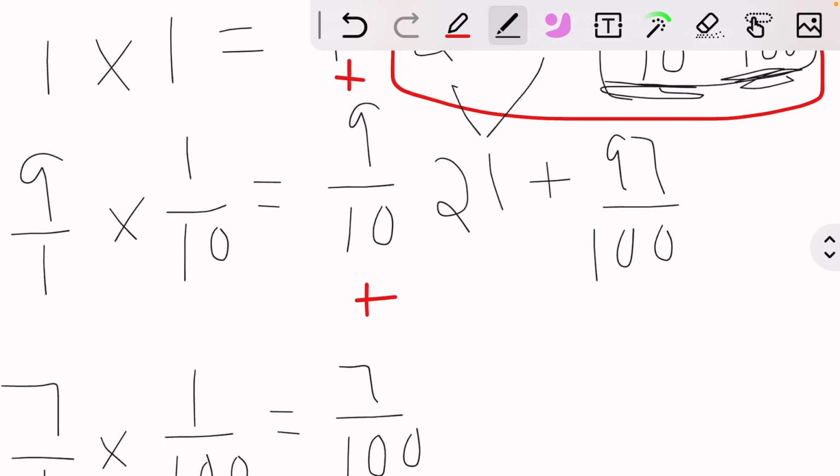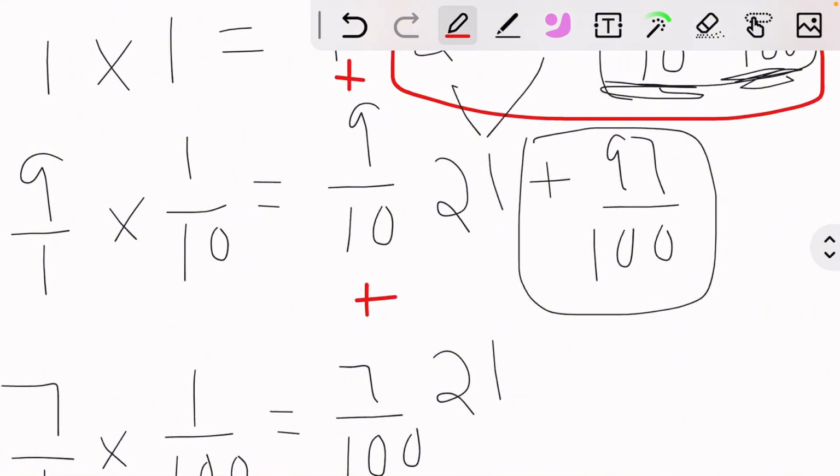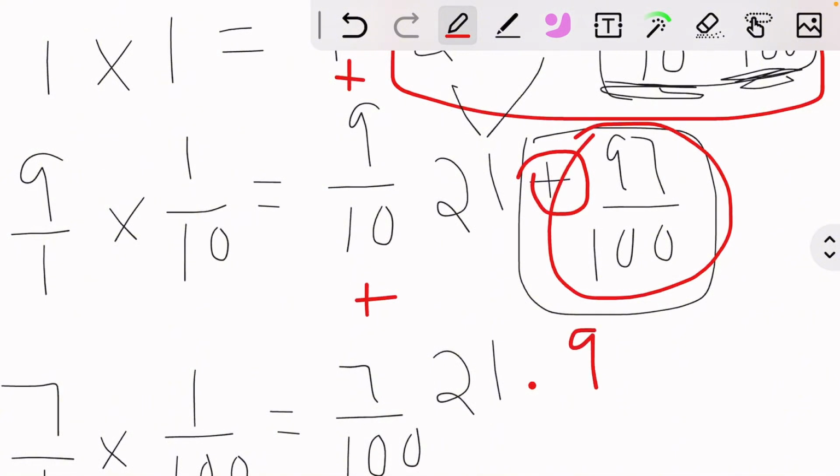Now again, instead of using this type of notation, we're going to use the decimal point. Like I said earlier, this plus sign really can be used as a decimal point. And instead of writing 97 over 100, we can write 9 tenths and 7 hundredths.